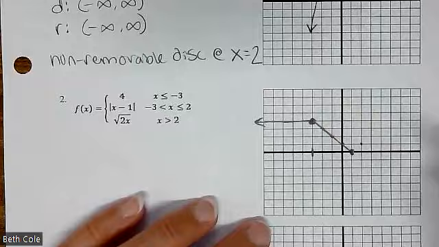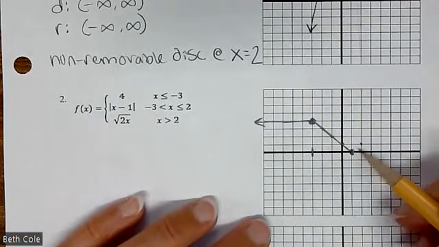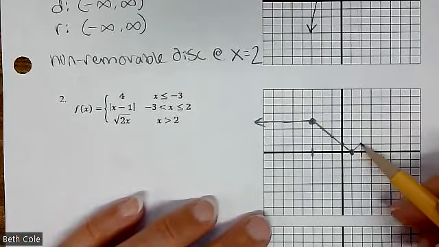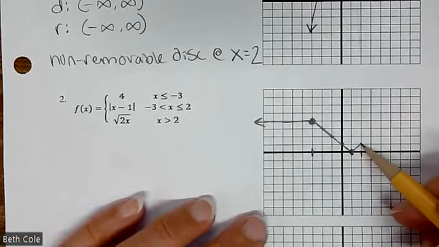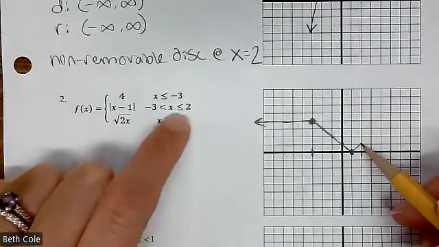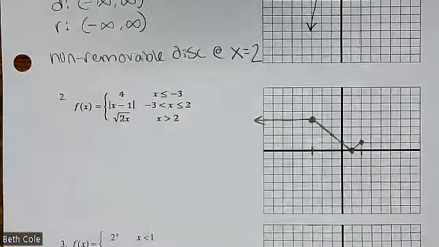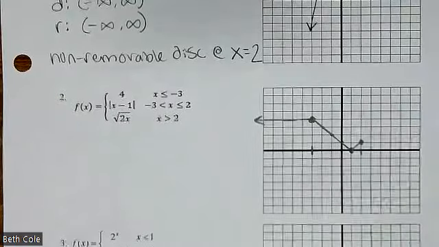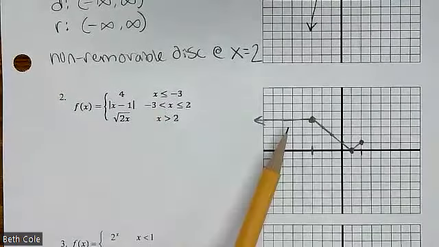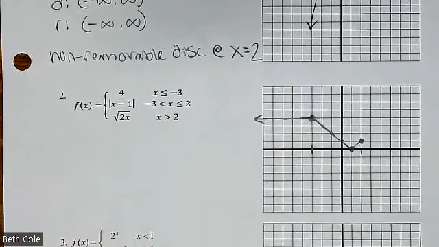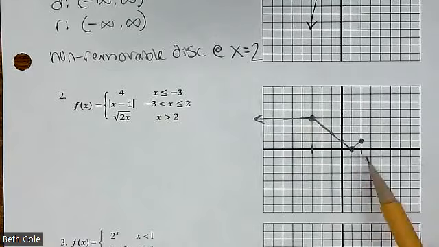Yeah, that's going to connect. Now, I think I can't go past 2. 2 is right here. Do I want an open or a closed circle there at 2? For 2, it should be closed. Hold on, because I heard people saying open. I know exactly what you were looking at. At -3, it technically should have been open, but why is it closed? Yeah, because the other one was closed and they connected. If they connect, it's just going to be closed. So it should look something like that.